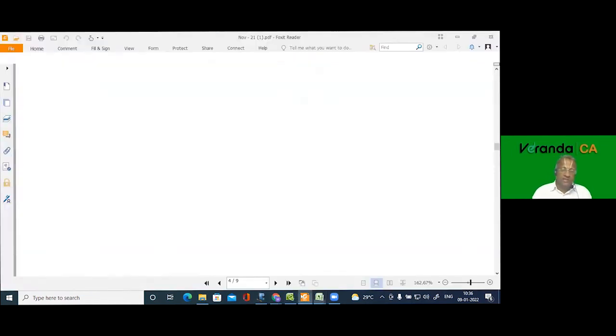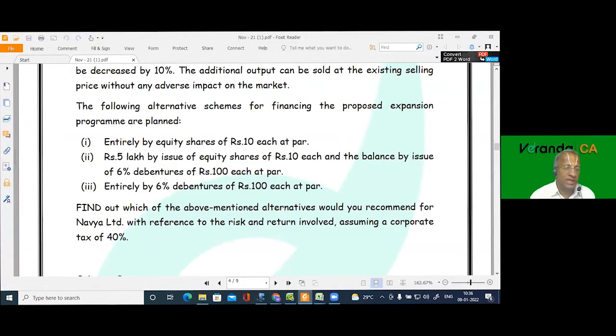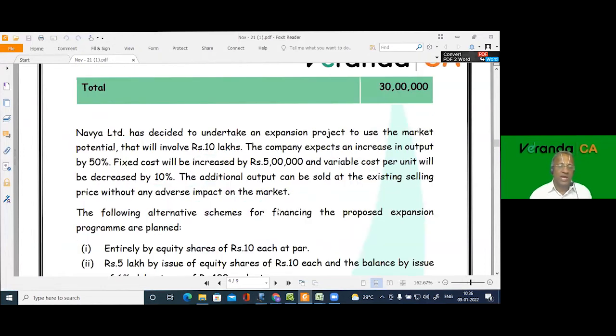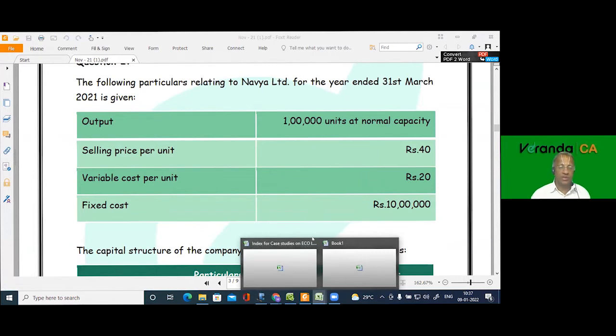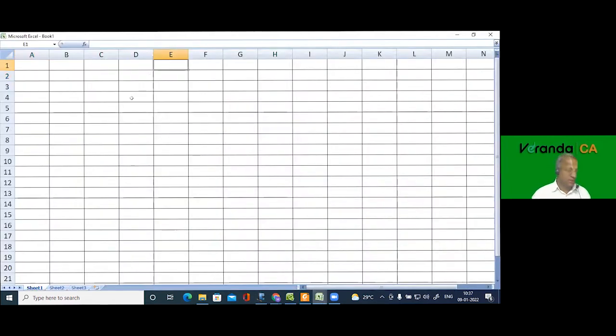Now let us have a look at the question once again. They have an output of 1 lakh capacity. So I would put it this way: the existing, and the new proposal option 1, option 2, option 3.